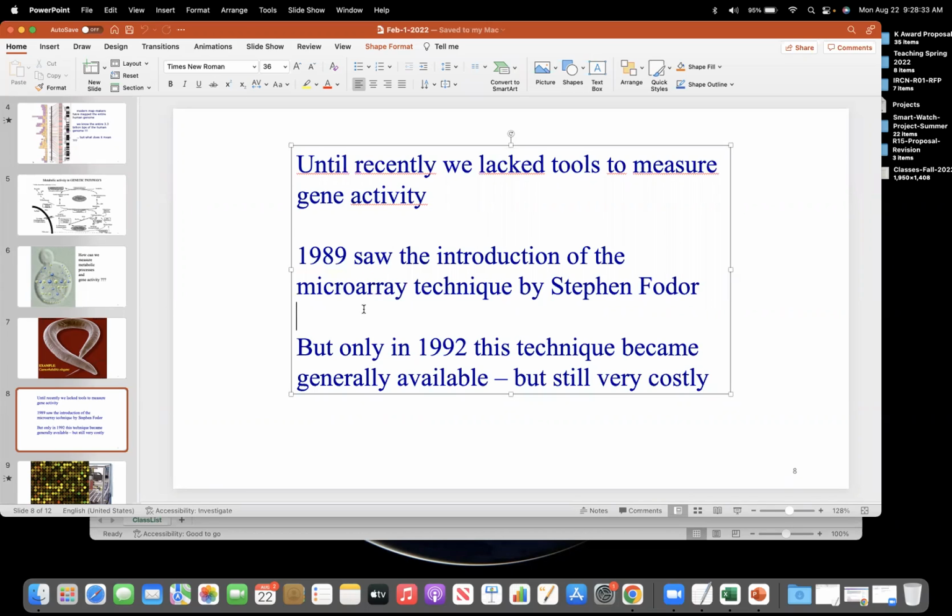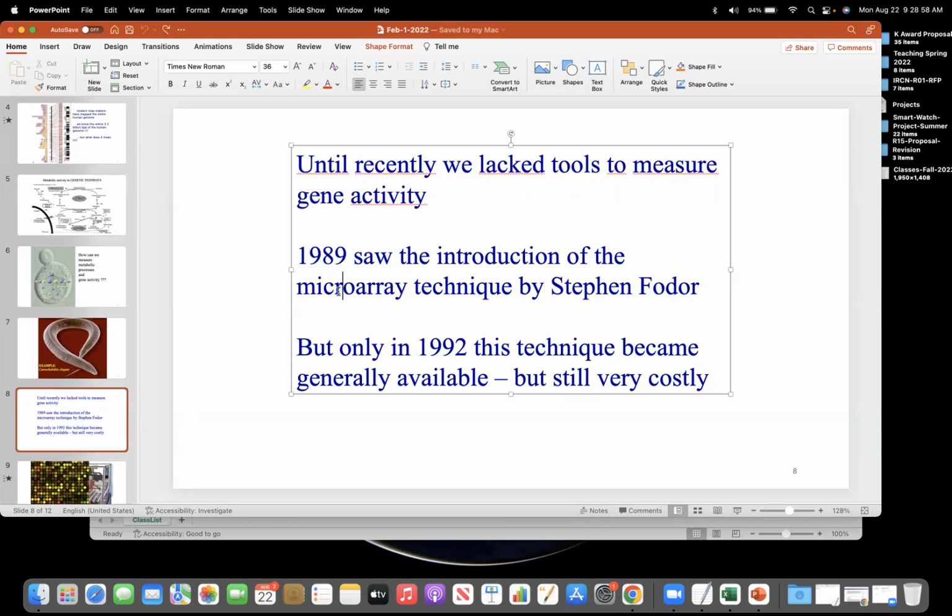But at this point, it is getting a little obsolete because newer technologies have been developed. This technique was introduced in 1989, which is more than 30 years back.